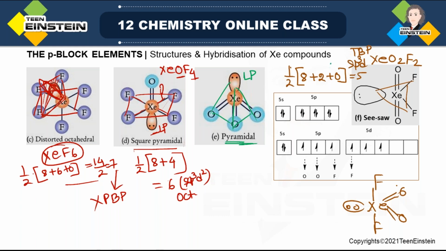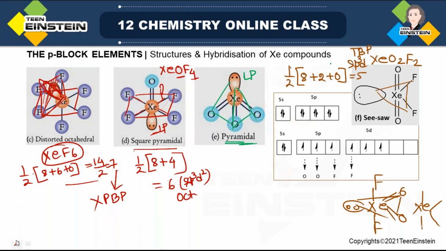But even if you do it differently, you will get the same result, and remember the lone pair will always be placed in the equatorial position, not the axial position. Without the lone pair the shape is simply like this, and that is called seesaw. So with the lone pair it is TBP, without the lone pair it is seesaw.